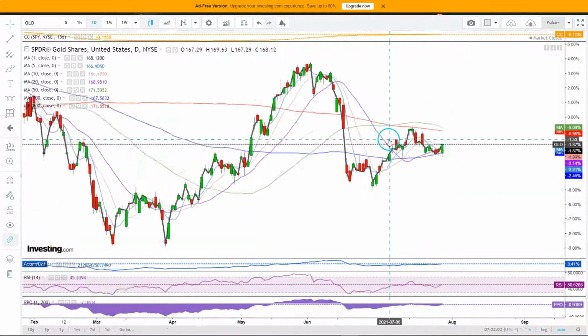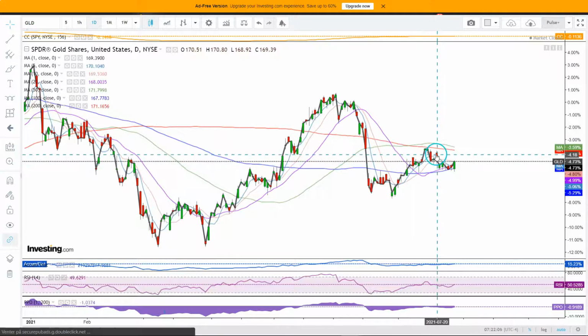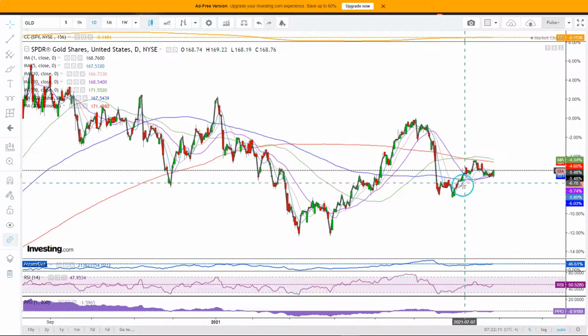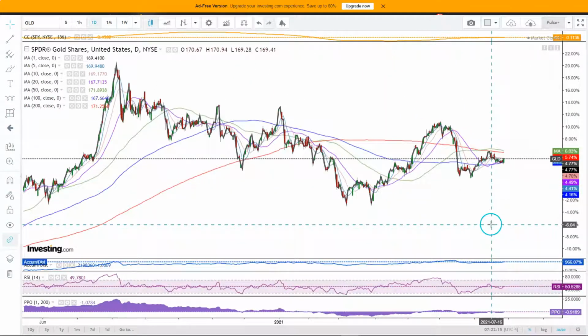The problem for the bulls, however, is that we are below the 200-day moving average and the 50-day moving average. And they are really big deal moving averages, hence we do need a significant catalyst to break above them.